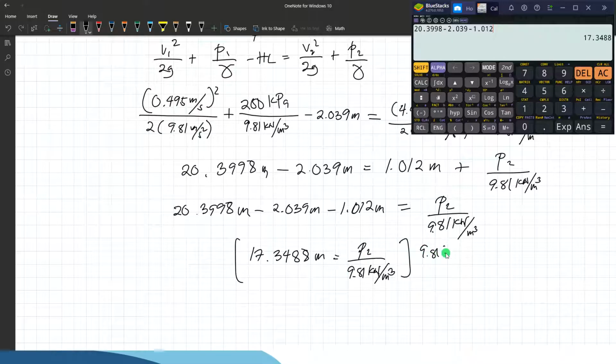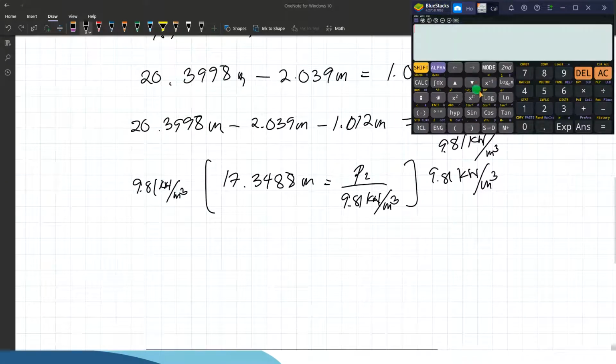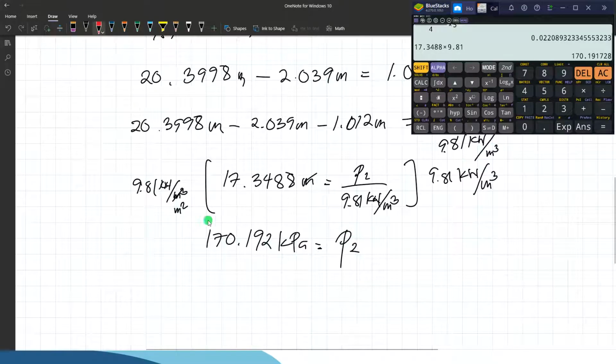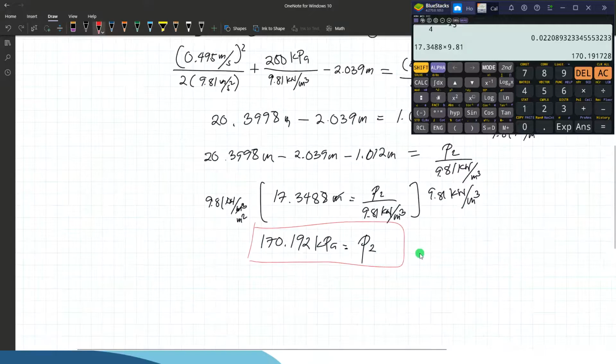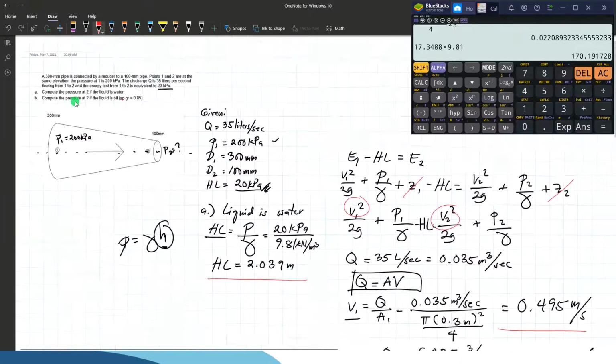We have an answer of 17.3488 times 9.81, that's 170.192, in kilonewtons per square meter or kilopascal. So the pressure at point 2 is 170.192. That's the answer for letter A.